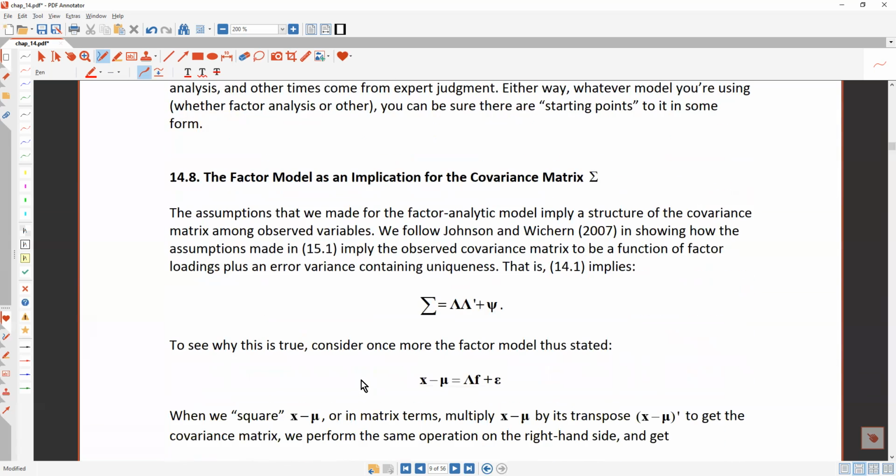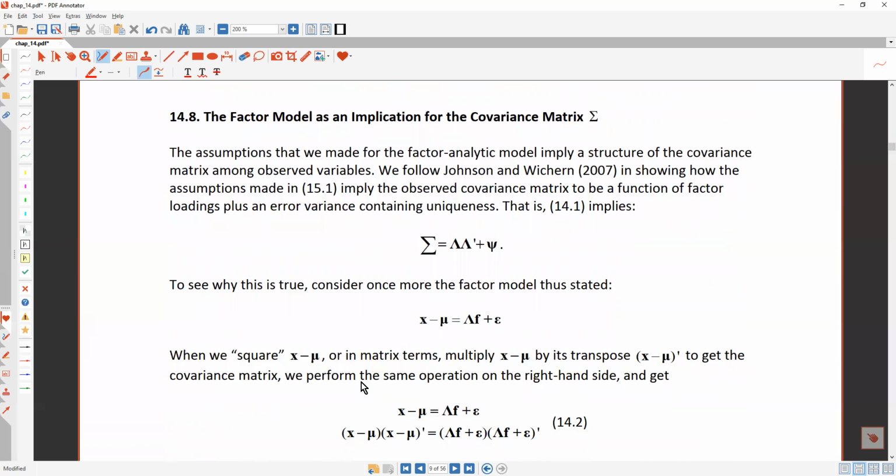Okay, the factor model has an implication for the covariance matrix. Here are some of the technical details that we're going to start on before we take a break. We have to develop this because this is the really important part of understanding what factor analysis does. The factor analysis model that we just looked at implies this particular equation.